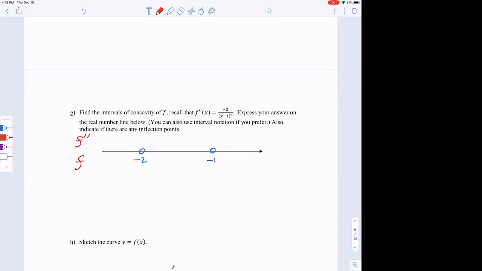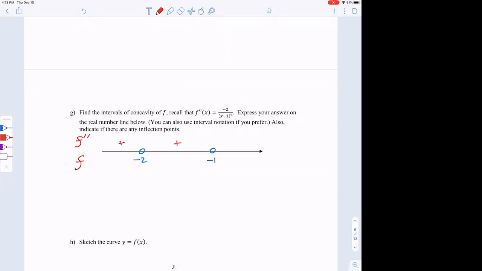So if I plug in minus 1 billion here, I get negative on the top and the bottom. So that comes out as being positive. And then if I plug in 0 to this function here, I get negative 2 over negative 1. So that's positive as well.